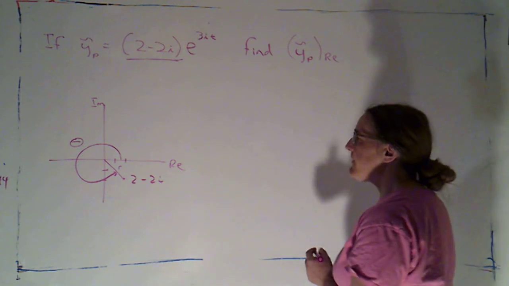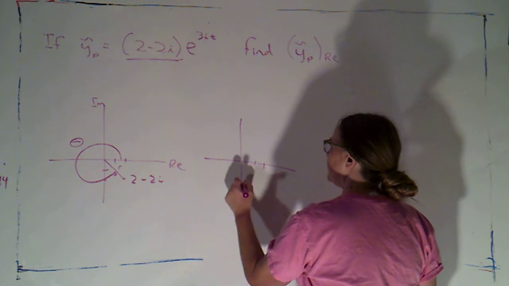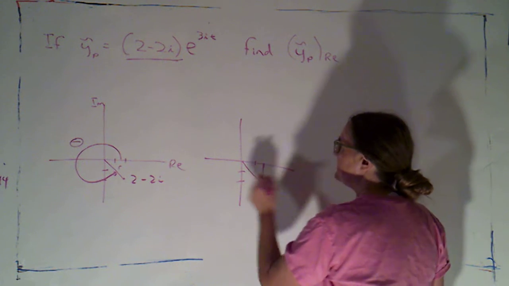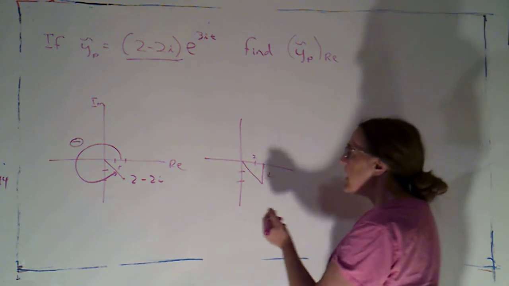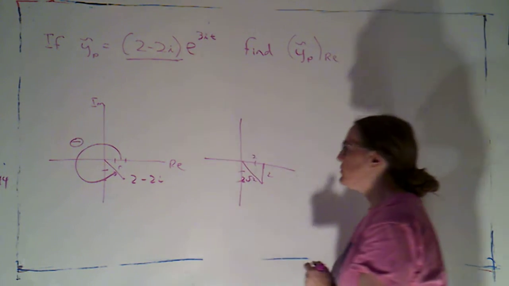Now, if I do that, I can see that I've got this nifty triangle. This side is 2 and this side is 2. So the r value would just be 2 root 2.